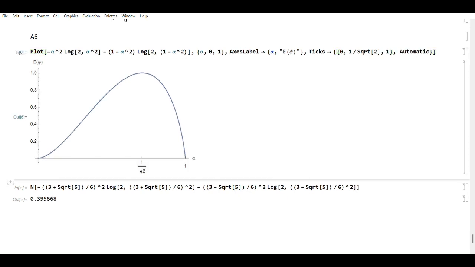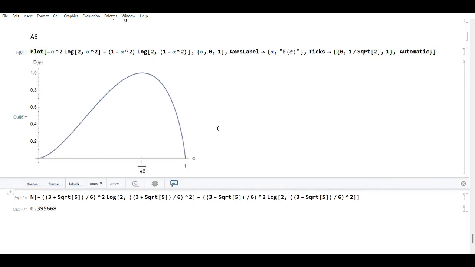Yeah, this is what I want, something like this. So let me put the ticks.